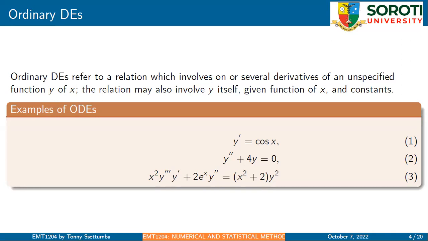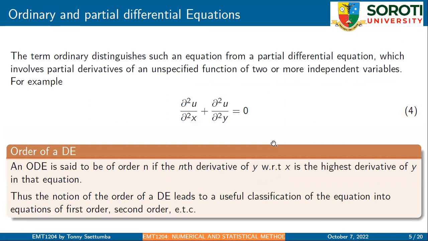All these are ordinary differential equations because they involve derivatives of y with respect to x. They can involve even y itself, and they can involve other functions. We usually use the term ordinary to distinguish the equation from a partial differential equation. Partial differential equations take the form of equation 4. This is how we write partial.